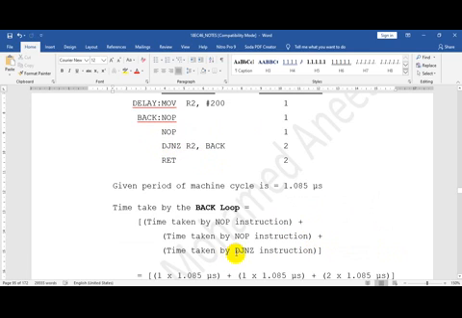This entire thing is executed how many number of times? It is executed 200 times. So we have to multiply the time taken by all these three instructions by the loop count.